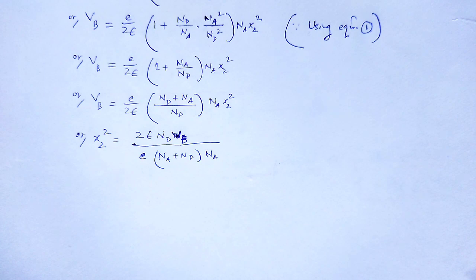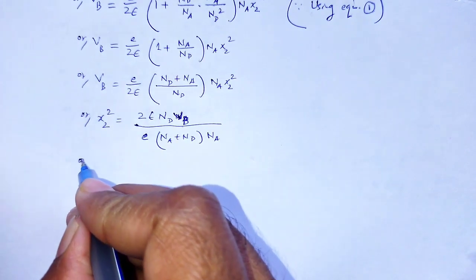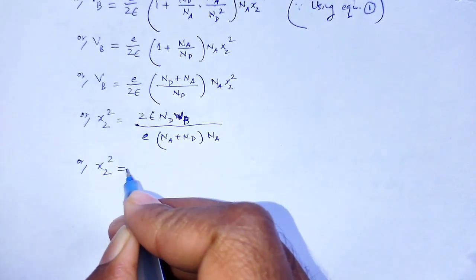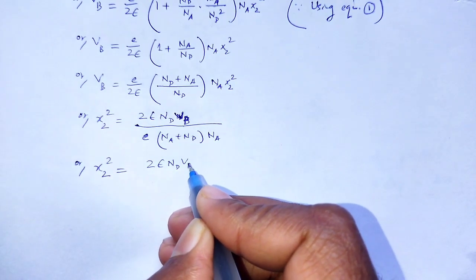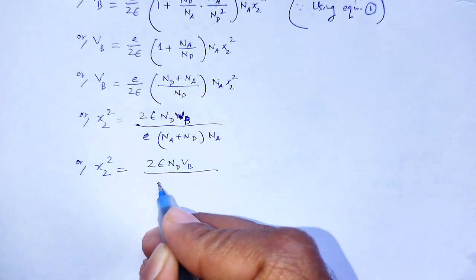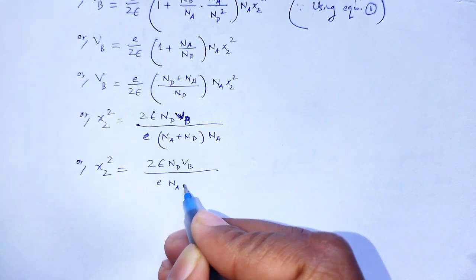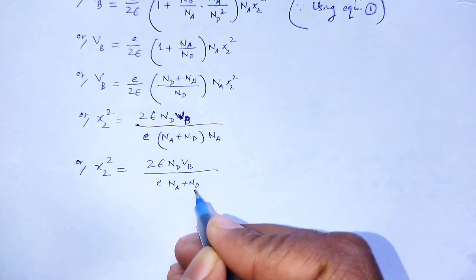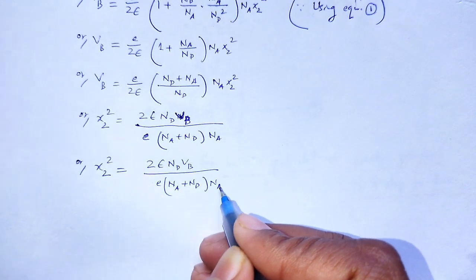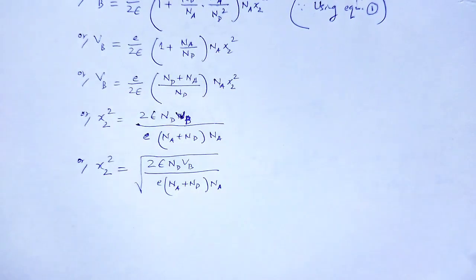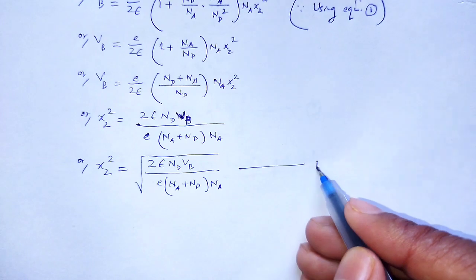Then x2 is equal to its under root, or x2 is equal to 2 epsilon Nd V of b divided by E Na plus Nd whole into Na under root. That is equation number 11.